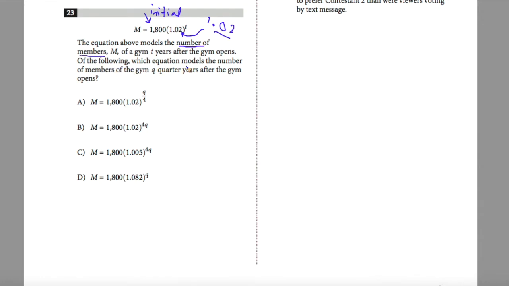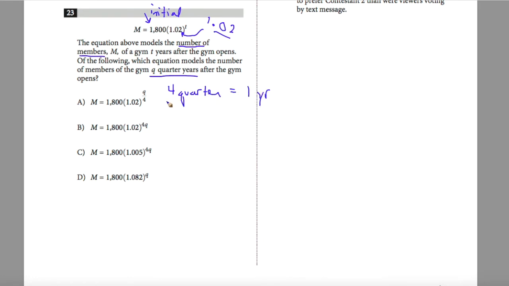Of the following, which equation models the number of members of the gym q quarter years after the gym opens? Well, it says q quarter years after the gym opens, and I need to know that there are essentially 4 quarters in 1 year, right?